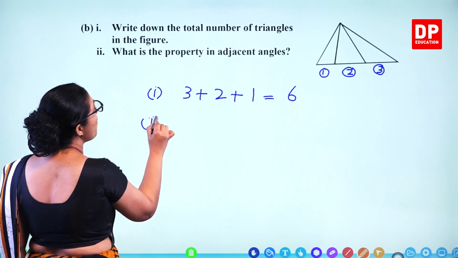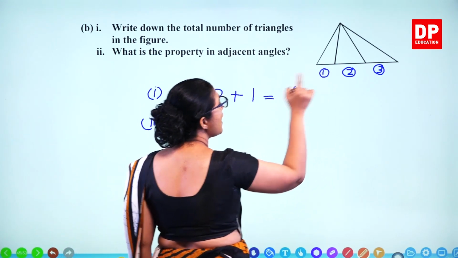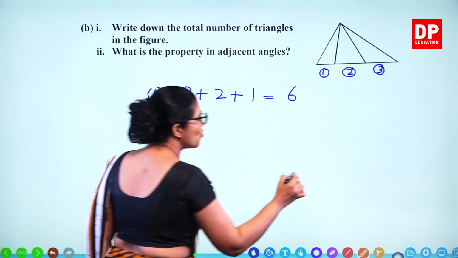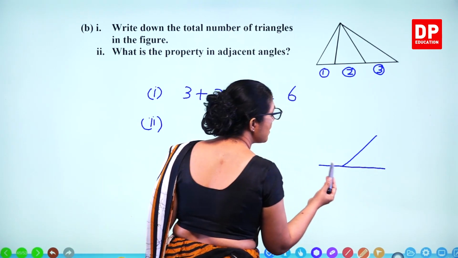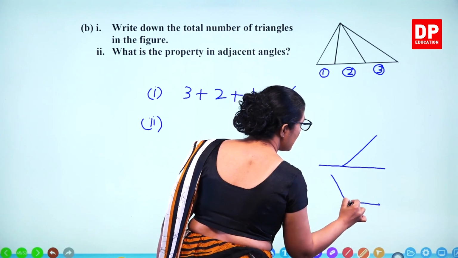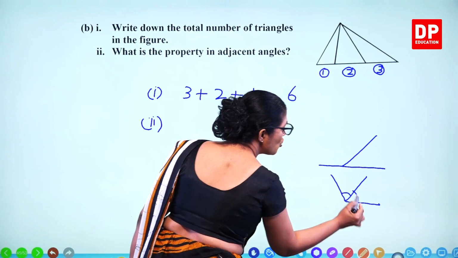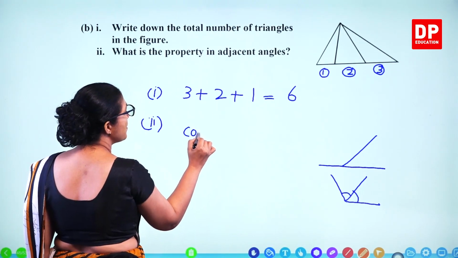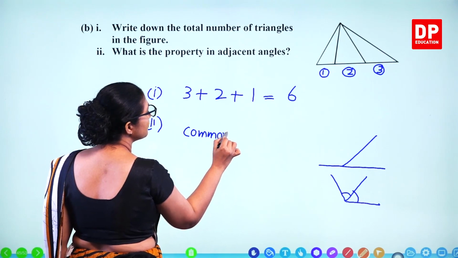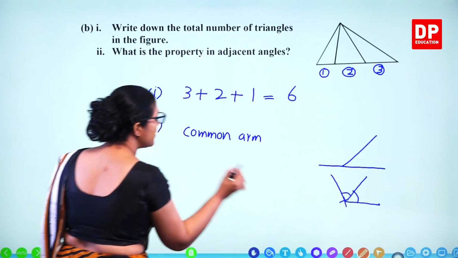Then what is the property in adjacent angles? Adjacent angles means next to each other. Angles next to each other. It can be complementary, any angle next to each other. So what are the properties? Common arm is there. Common vertex point is there.